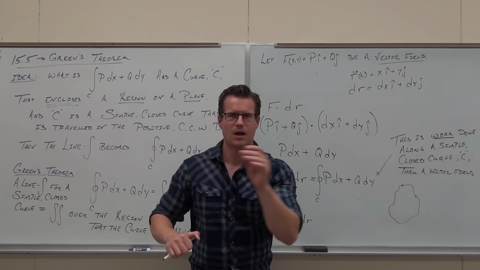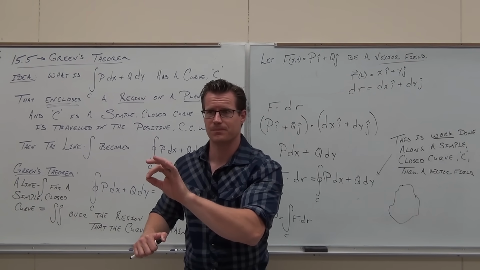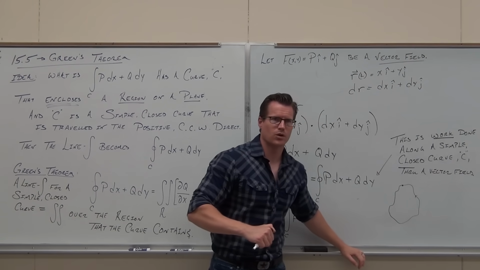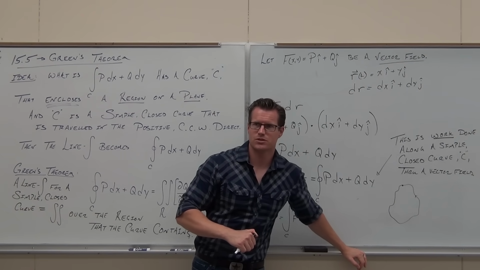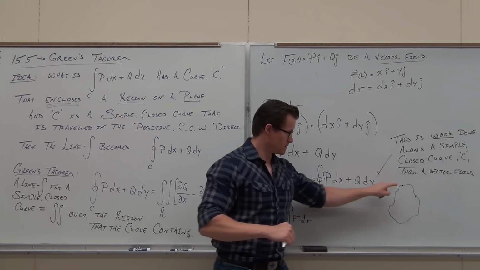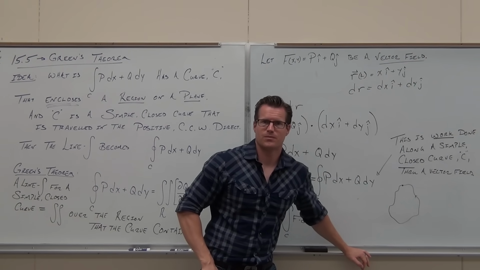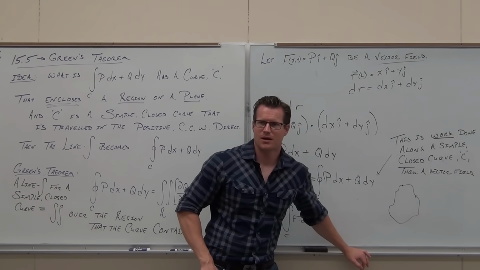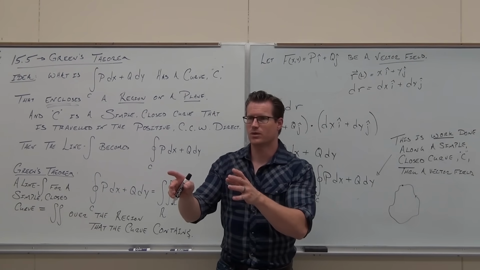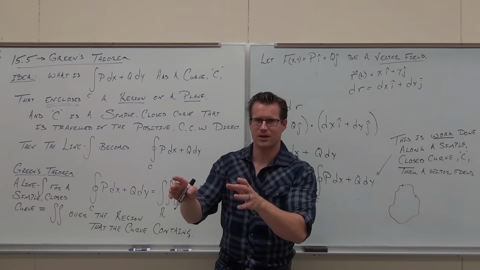But no, I said something there. Is the work done on a simple closed curve, if I go here and go back, always going to be zero? What did the last section have to do with conservative vector fields? That's the whole key. You listen carefully right now, okay?